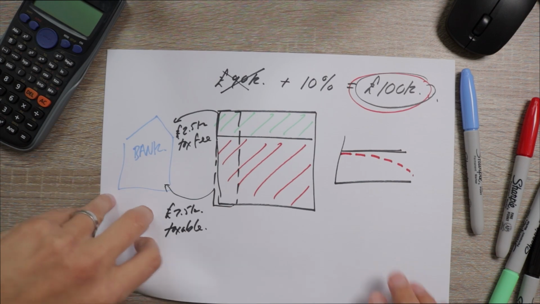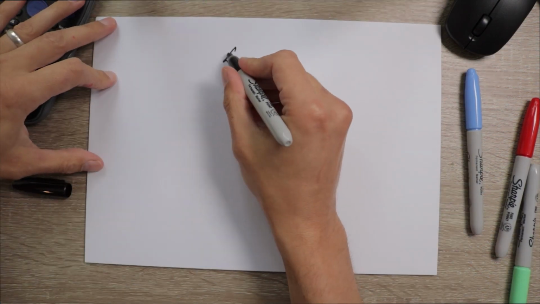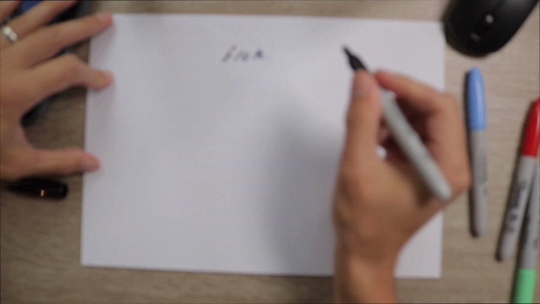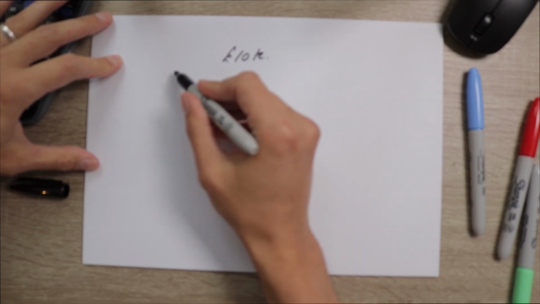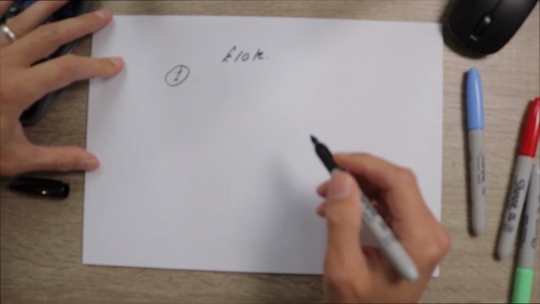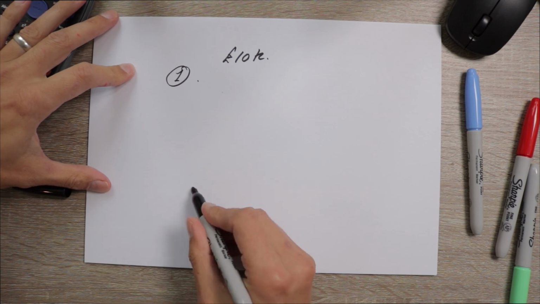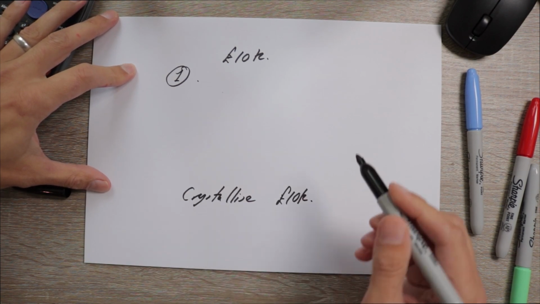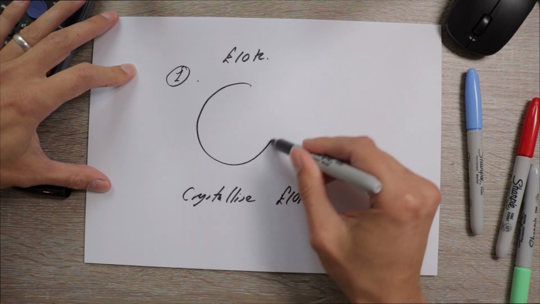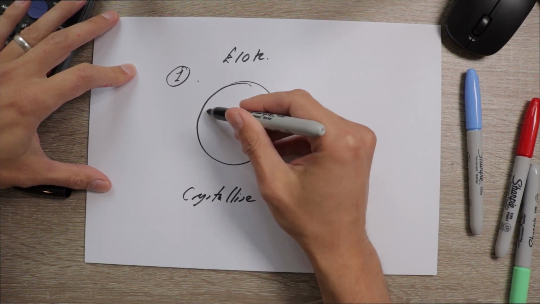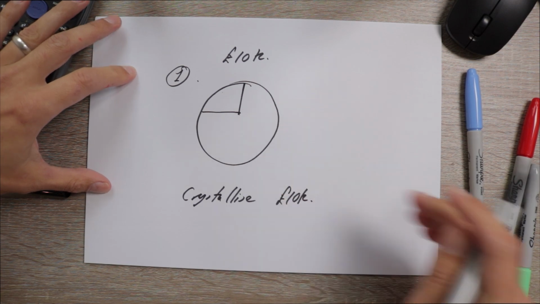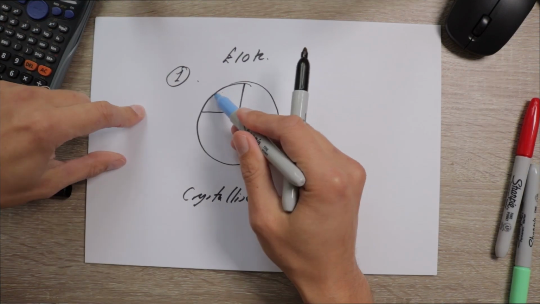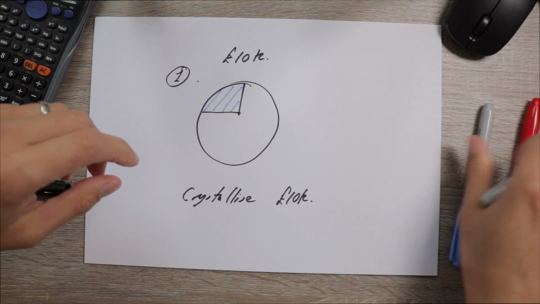Hopefully that makes sense. Now I just want to show you those 3 examples, 3 different ways that you can take £10,000 out of a personal pension pot. The first way is that we actually crystallize the £10,000. So we're going to take out £10,000 from our pension pot. Of that £10,000, 25% of it is tax-free cash.